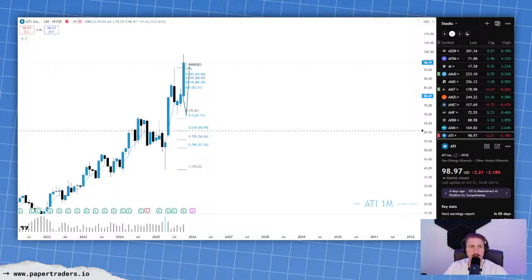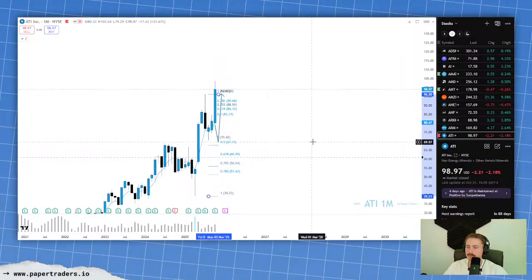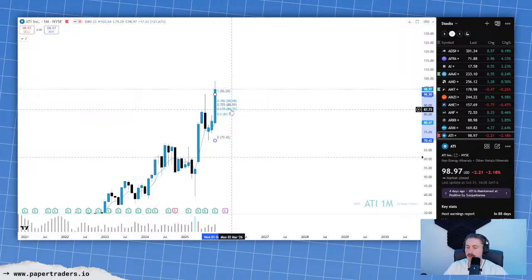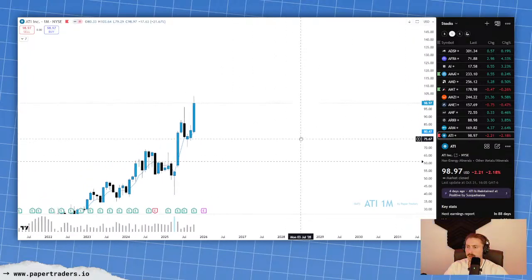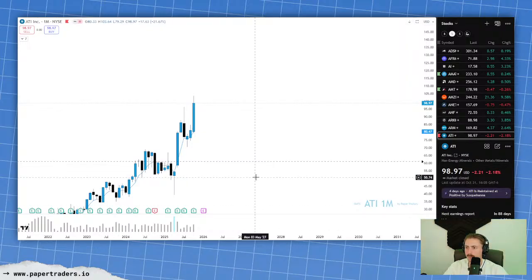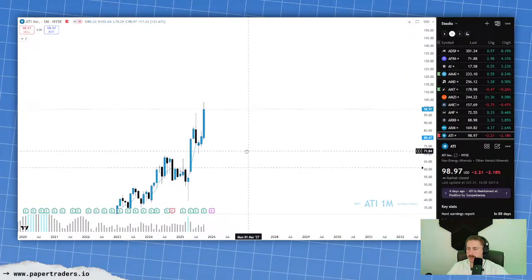ATI, strong. Yeah, and then we can go back through and check all the ones we flagged and break down the weekly and daily. ATI, this one doesn't look bad, honestly. The way it came back over here, it pretty much retested this range.